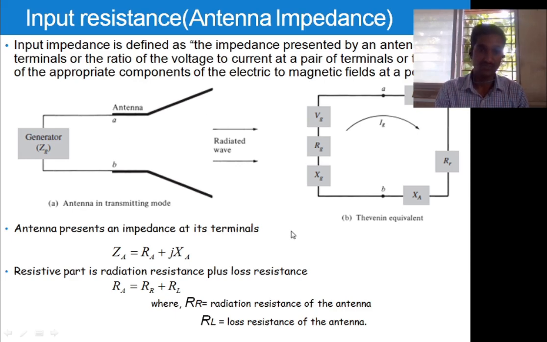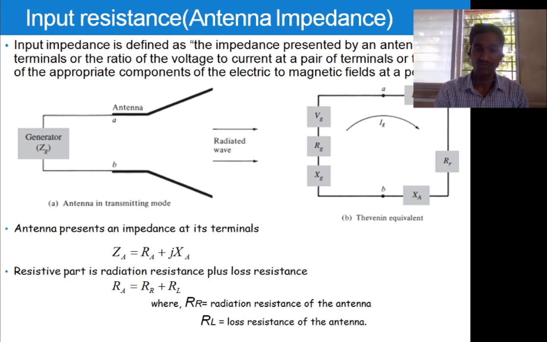It is mathematically expressed as the antenna impedance, denoted by capital ZA, is equal to RA plus jXA. So antenna impedance is the combination of the real part RA and the imaginary part jXA. This imaginary part is created because of some lumped elements.